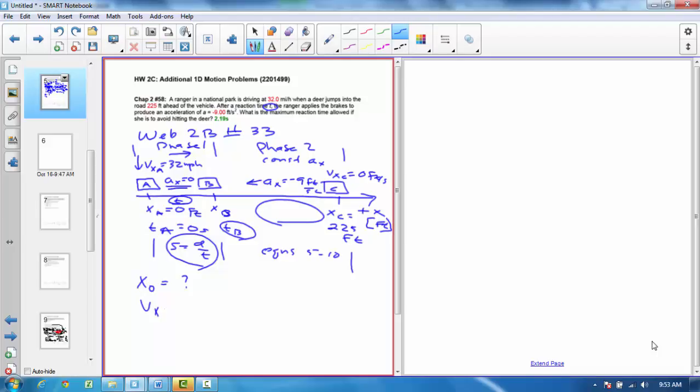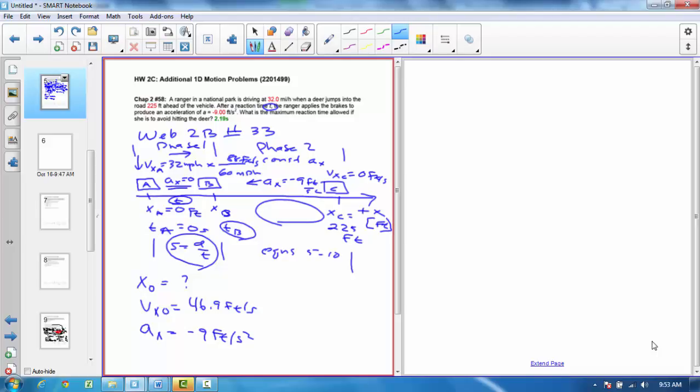Our Vx naught, though, is 32 miles per hour, which we better convert. 32 miles per hour, we have 60 miles per hour for 88 feet per second. What do you get when you do that? 46.9 feet per second. And we know that our acceleration is negative 9 feet per second squared.